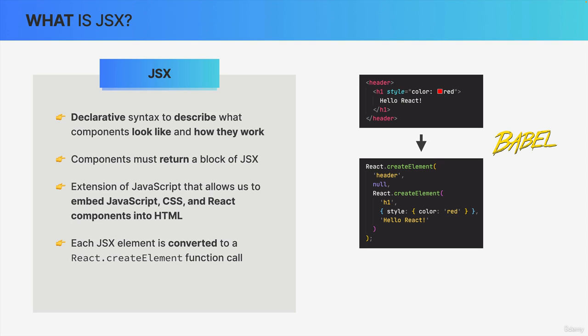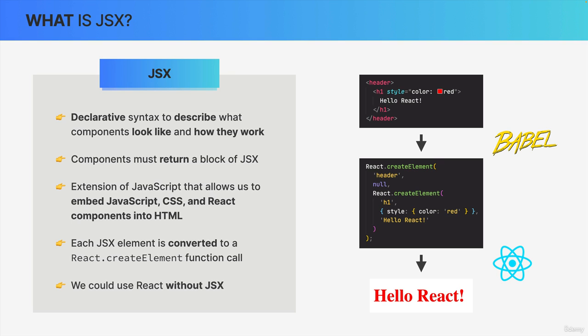So behind the scenes, all the JSX that we write is converted into many nested React.createElement function calls. And these function calls are what, in the end, create the HTML elements that we see on the screen. Now, what this means is that we could actually use React without JSX at all.